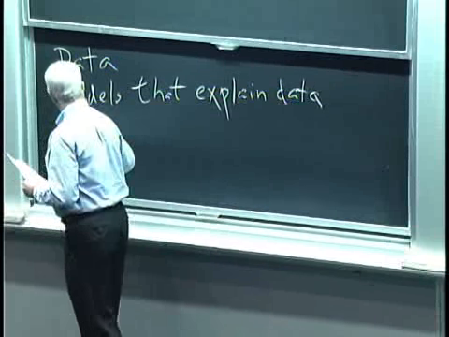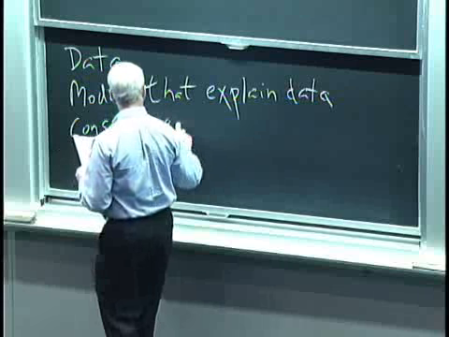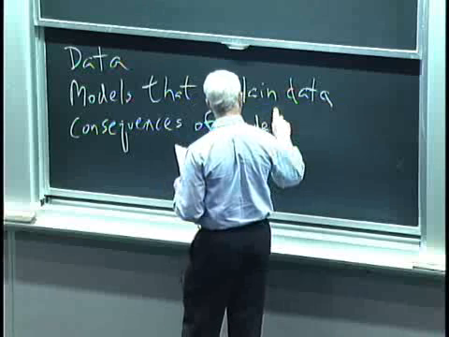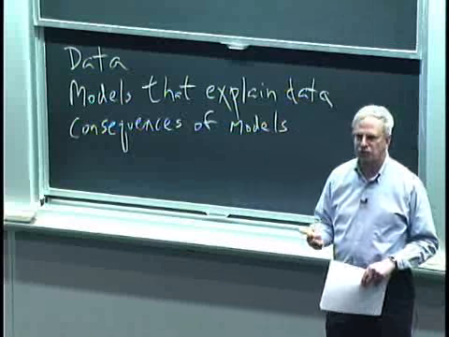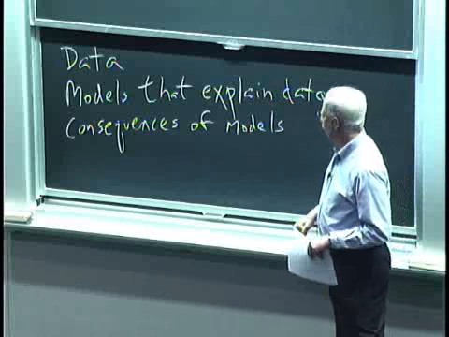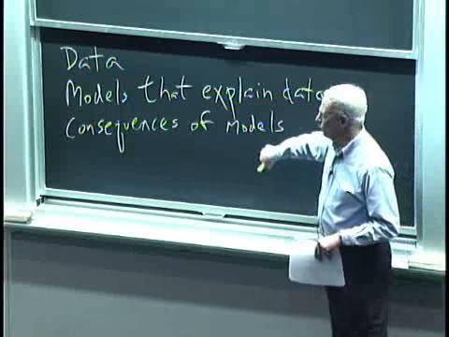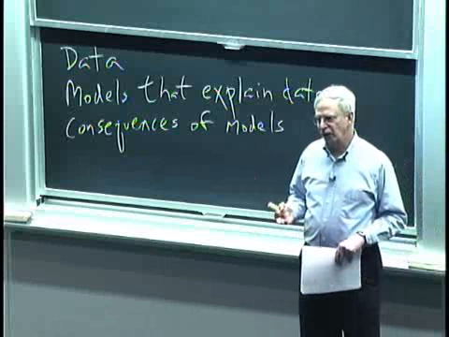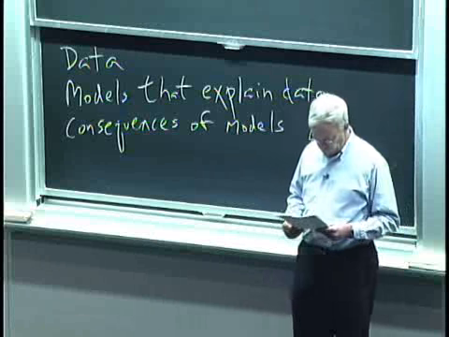And then consequences that follow from the models. This is often the way science works. It's the way engineering works. We have some measurements. We have a theory that explains the measurements. And then we write software to explore the consequences of that theory, including, is it plausible that it's really true?